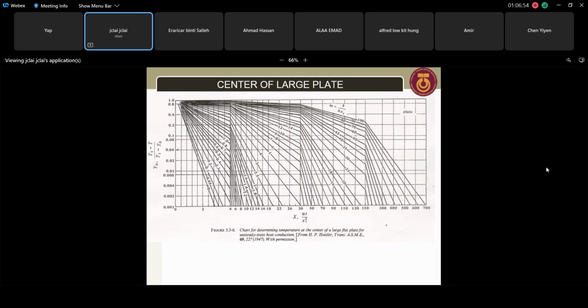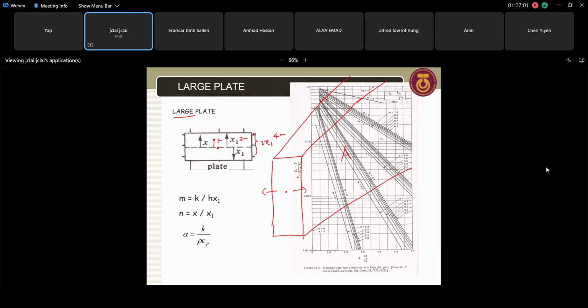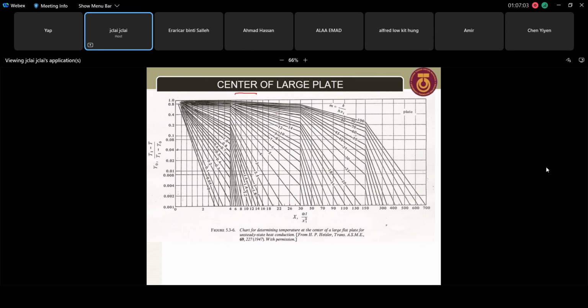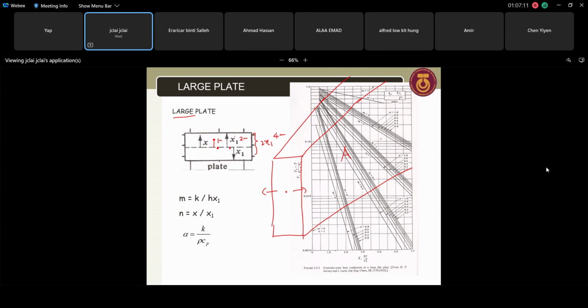This graph is for the center only. You see, this graph is for any point, but this clearer graph is only for determining the temperature at the center, not any point.